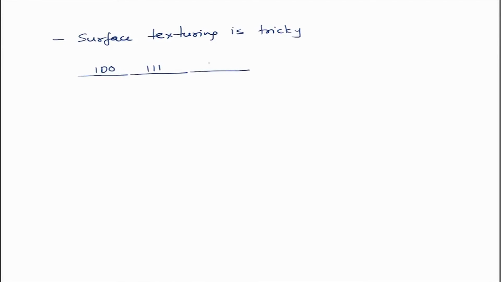So, surface texturing is tricky, I would say, because you have different orientations. This grain could be 111, this could be 100, this grain could be 110, this grain could be 112, and so on. To create the same texturing as in single crystal silicon is difficult, because chemical texturing works on removal of atoms from certain planes preferentially.